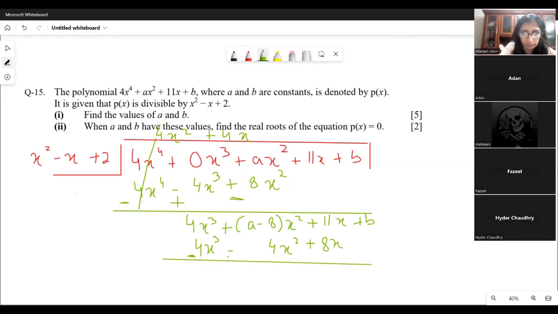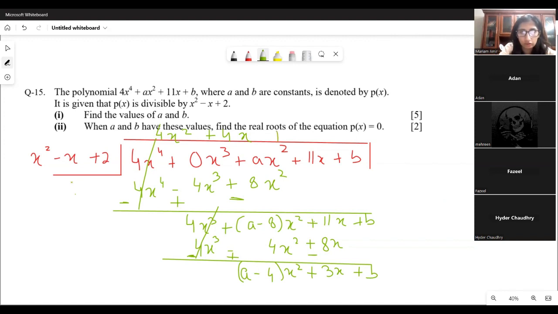Minus sign here, plus sign here, minus sign here, so this gets cancelled out. A minus 8 plus 4 would be a minus 4, because minus 8 plus 4 is minus 4. Bracket x square, then plus 3x plus b. Okay.